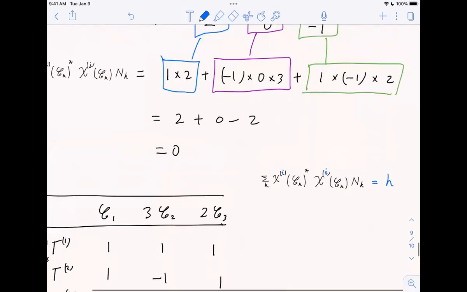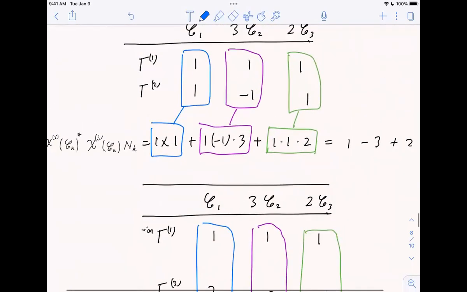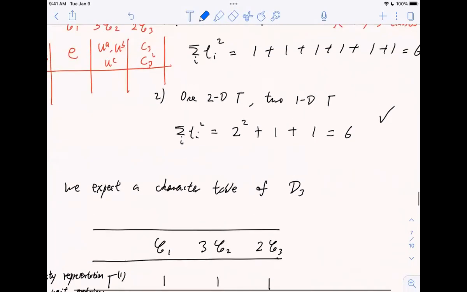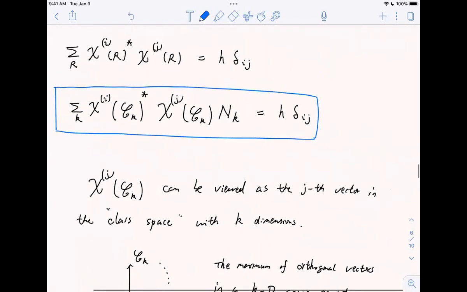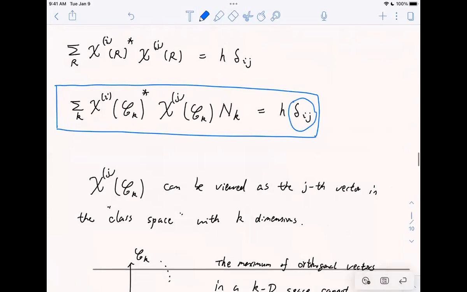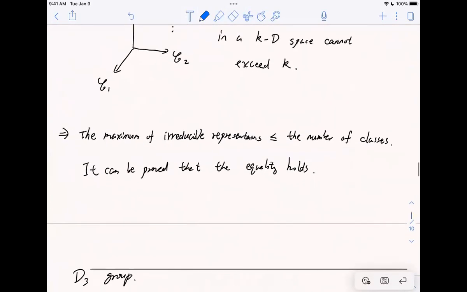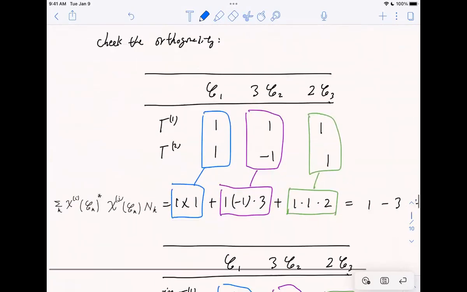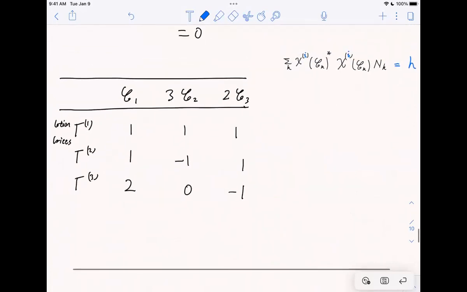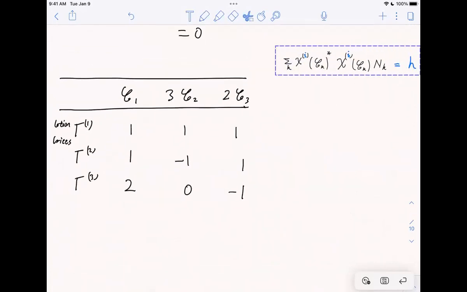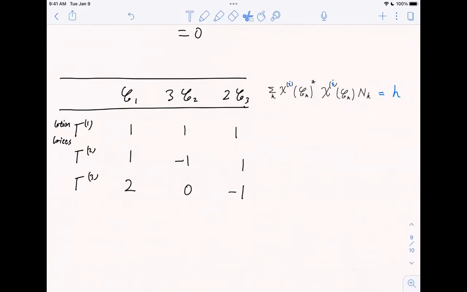Okay, because I don't want to go back and forth too often. But you check this formula. So when this is the same, then you only get H. Okay, so let's check. Let's say this is 1.